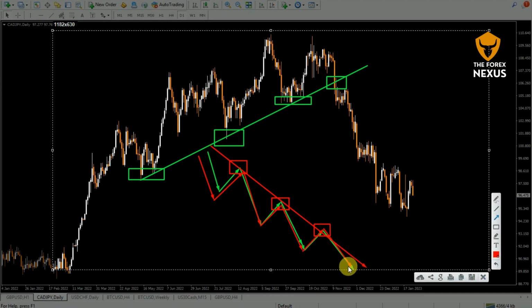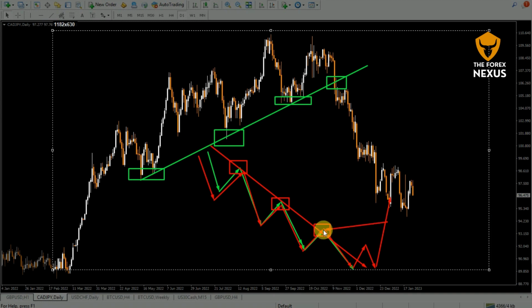If we get a breakout here, then the market will test this demand zone, and then it will fly and take this supply zone. Then it may test the previous supply zone, which turned into a demand zone, and can break this one and then this one.